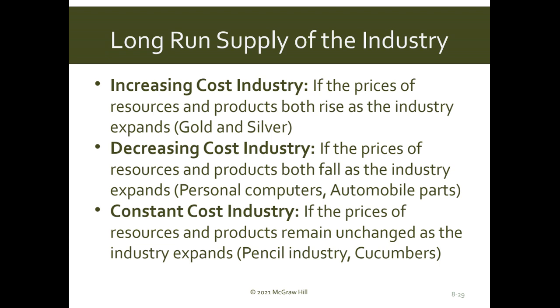And then we have constant cost industry. In constant cost industry, the nature of the product is such that if you produce more, in case of gold, the cost of production will increase. In case of computers, the cost of production will decrease. In this product, the cost of production doesn't change. For example, the pencil industry. A pencil requires wood that is a tiny fraction of the total wood available in the forest.